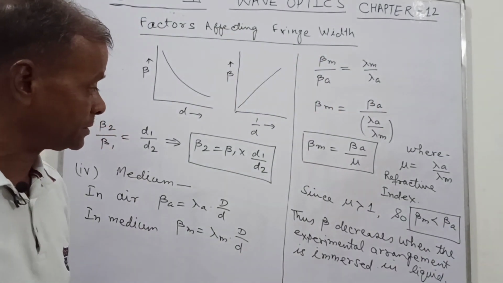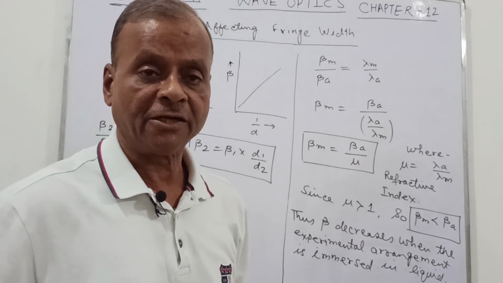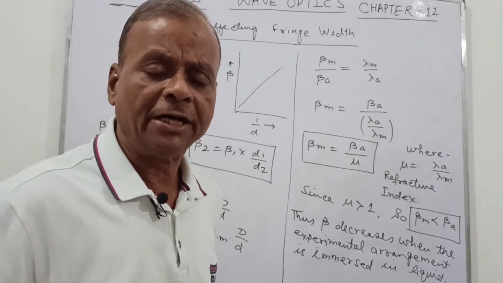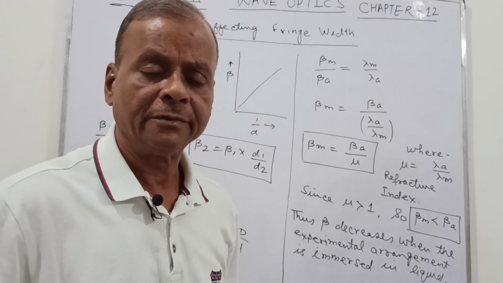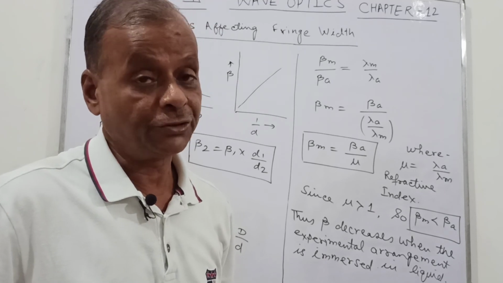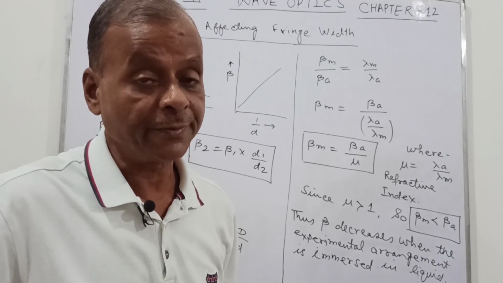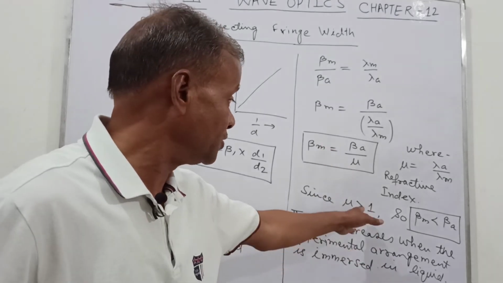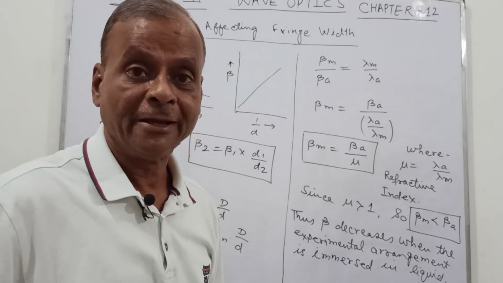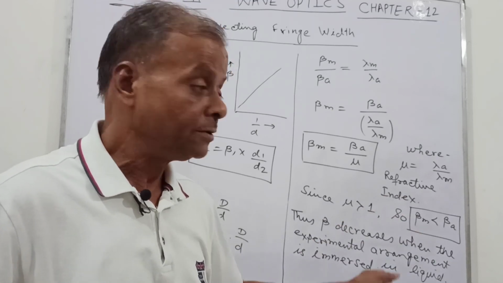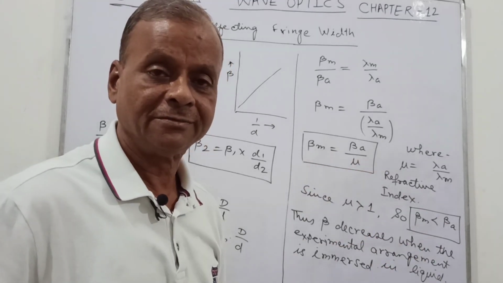So these are the 4 factors that affect the fringe width. And I have told you earlier that the refractive index is less than 1 in plasma state. So suppose this experiment is immersed in the plasma, then the fringe width will increase, because mu will be less than 1. So in plasma, this beta will increase.